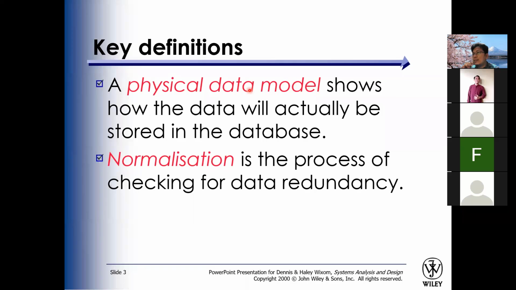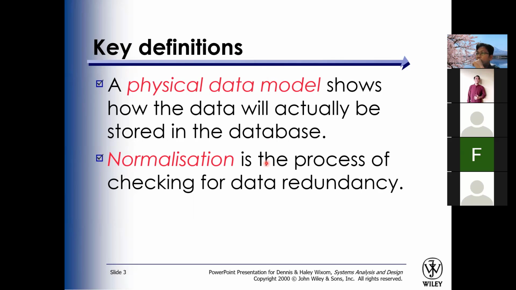And the last is normalization. This is the process of checking for data redundancy. For example, if you store your data in the laptop, if you just save the file, maybe there is a double redundancy of data. There are two same data in a certain database. If we do not consider this, the storage will be doubled.